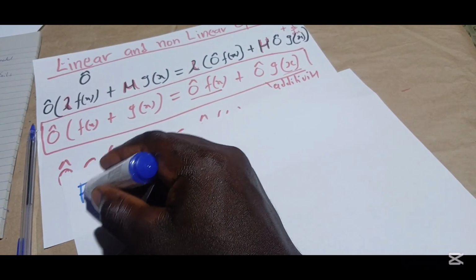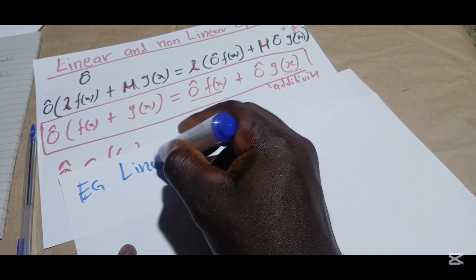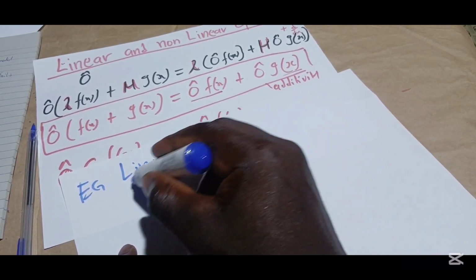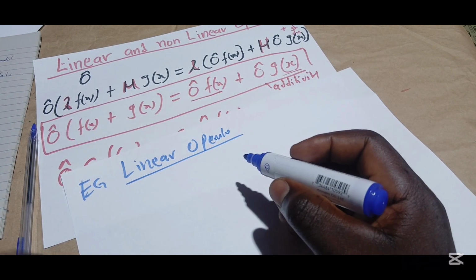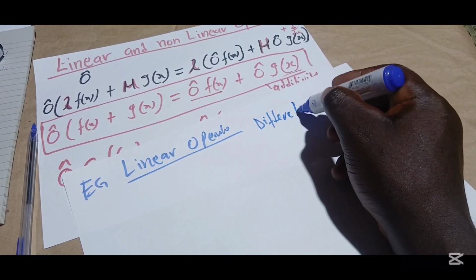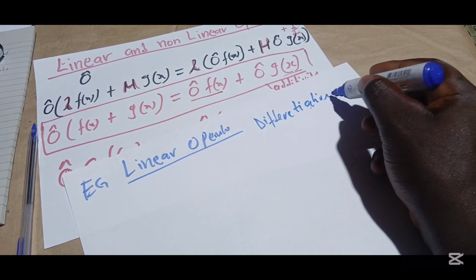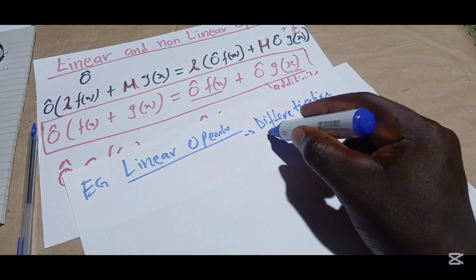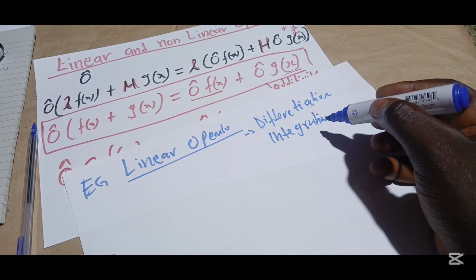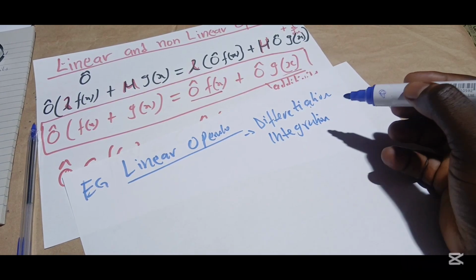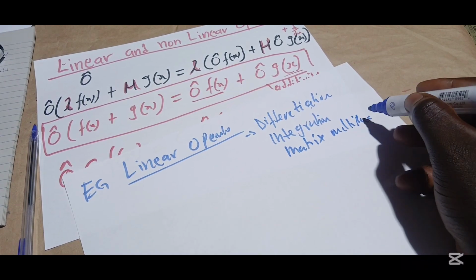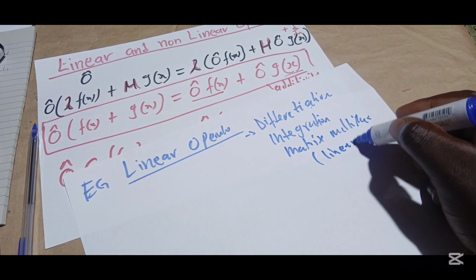Examples of operators that are linear are the derivative, differentiation, integration, and matrix multiplication, which is linear algebra, as the name suggests.